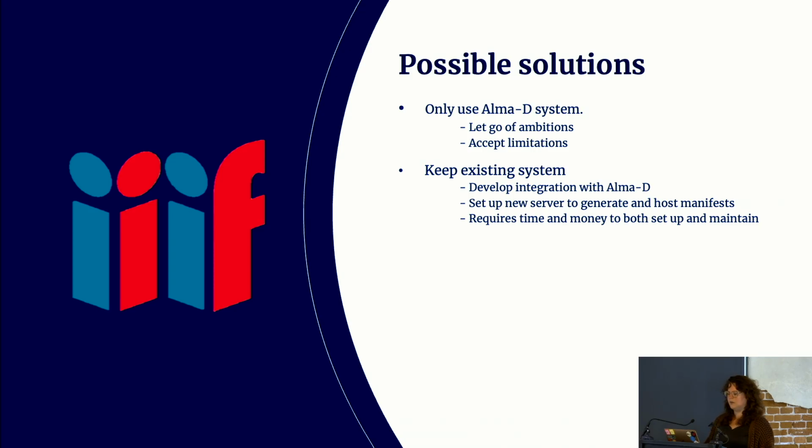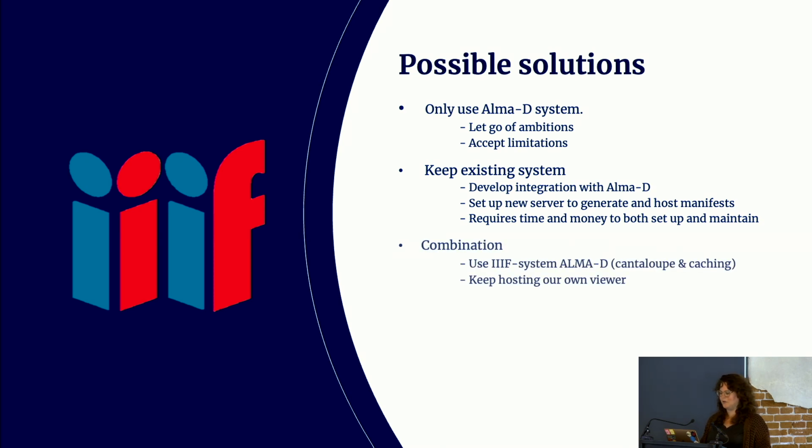Then we need to set up new servers and to generate and host all our future manifests. And obviously that would require time and money to both set up and maintain, and especially time is very limited for our specialists. So of course we are going for the more nuanced version, which is typical Dutch, sit in between and don't really go to the extreme.